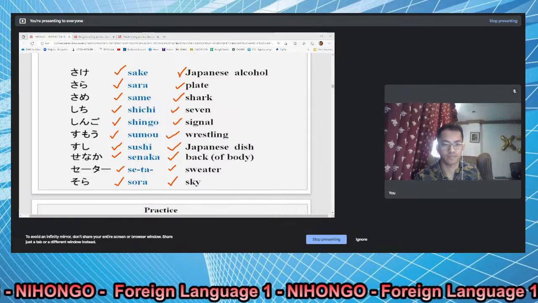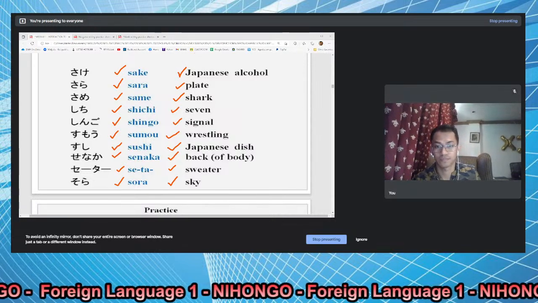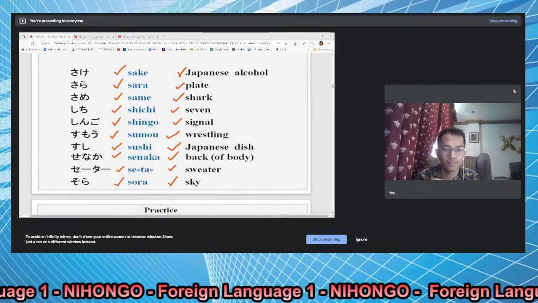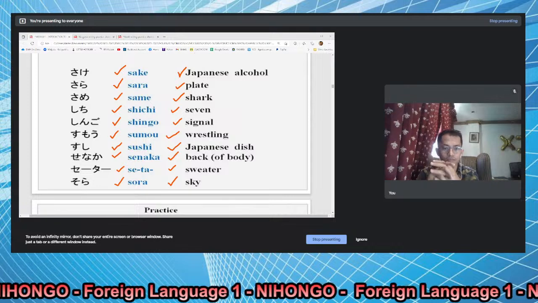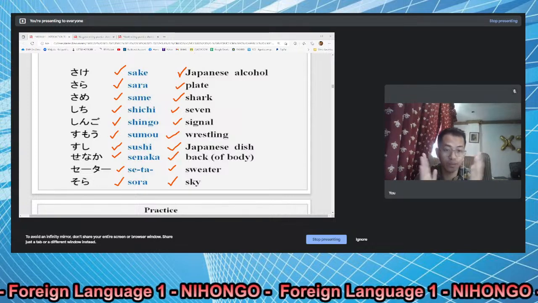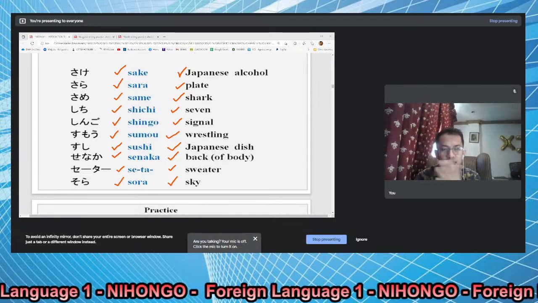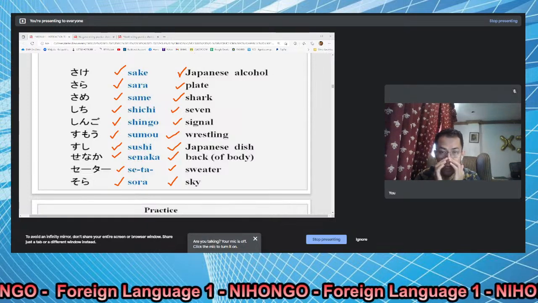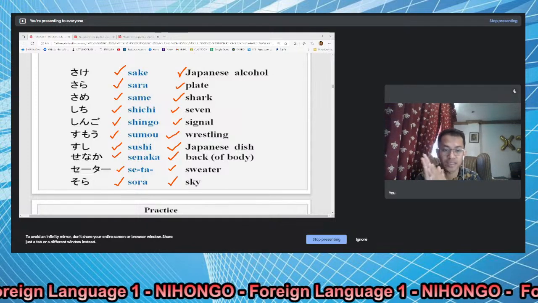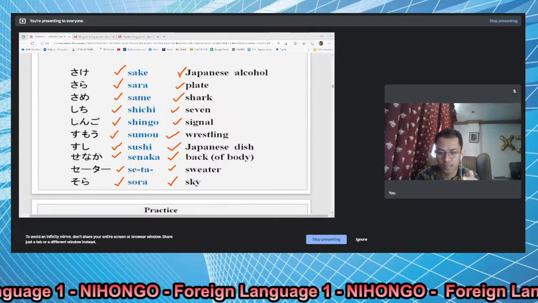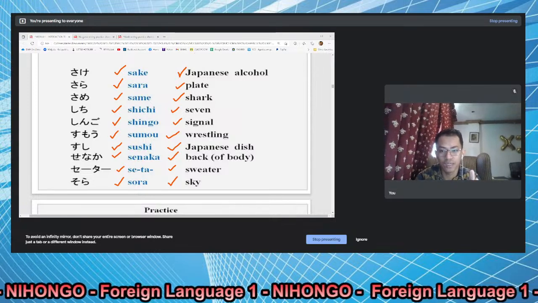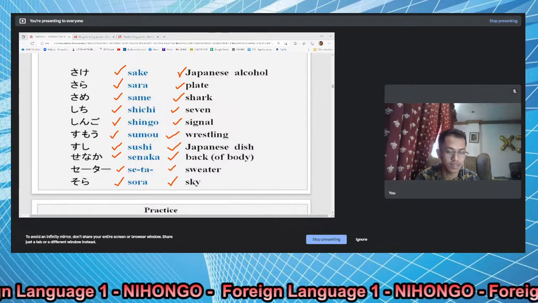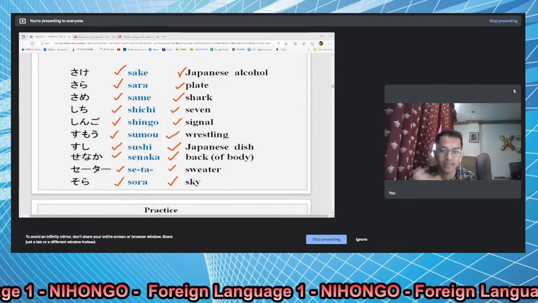Okay. Any question? Clarification? So I will be posting an announcement on when to submit your Hiragana practice sheet. And you also have to study these vocabulary words that I discussed and how to write it.